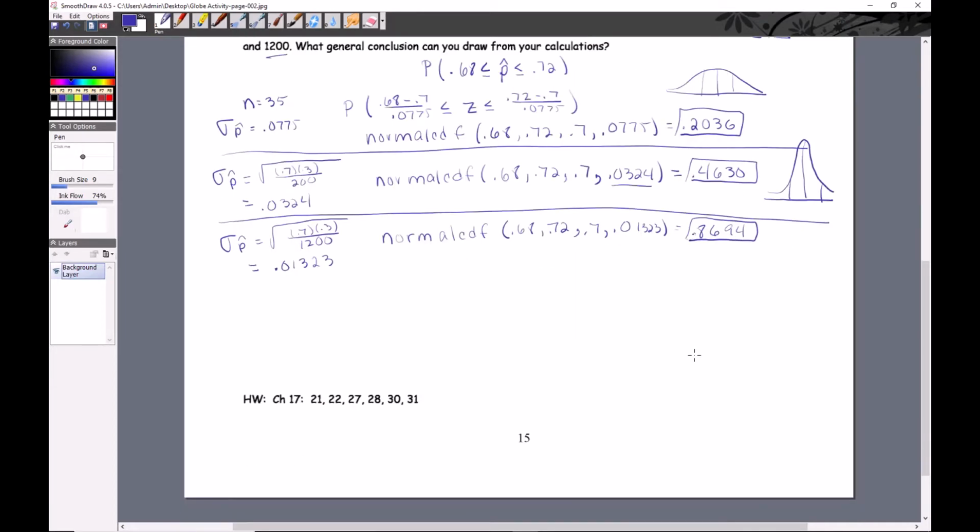So let's summarize and say as n, your sample size, increases, sigma p hat will decrease.